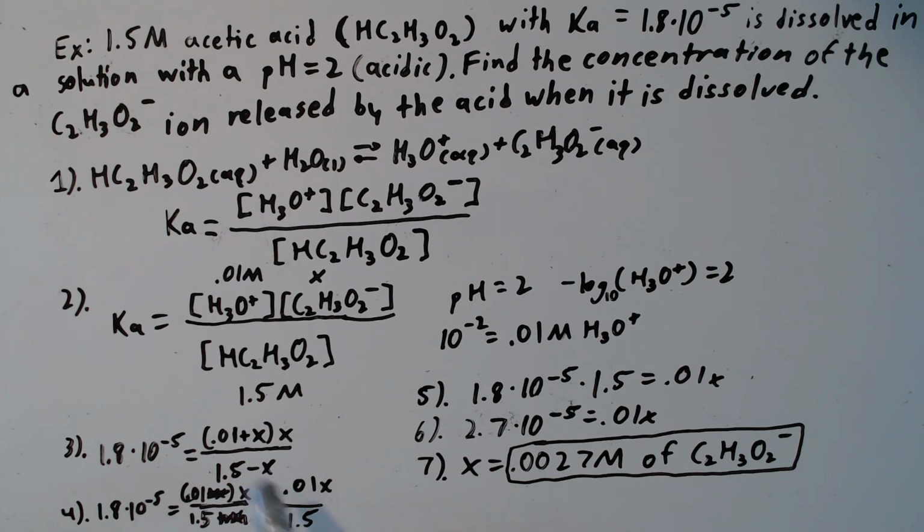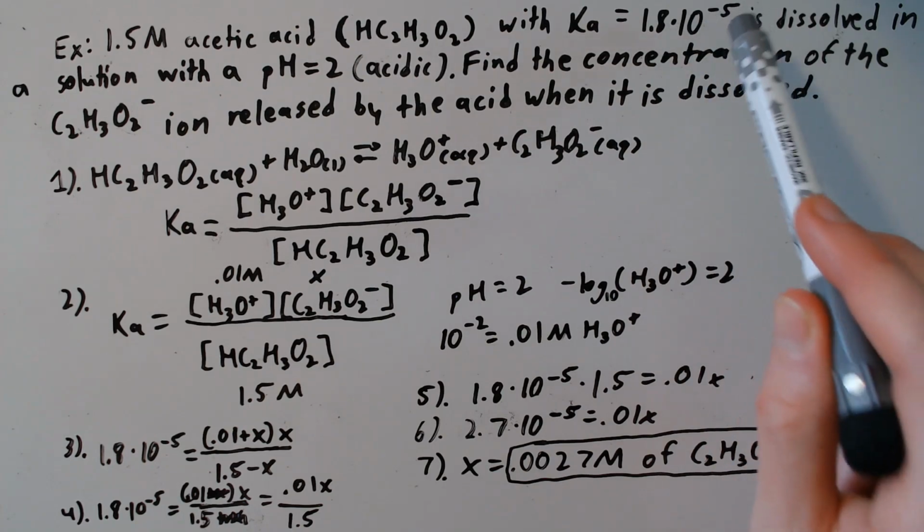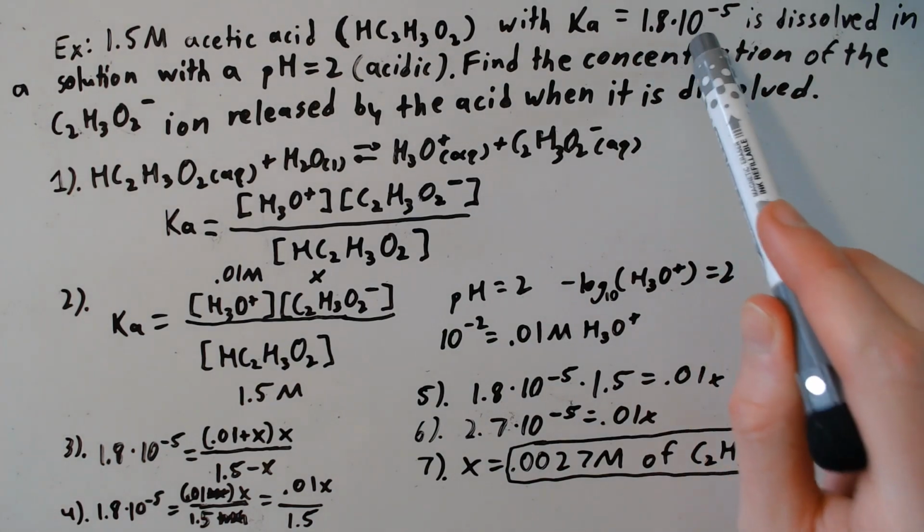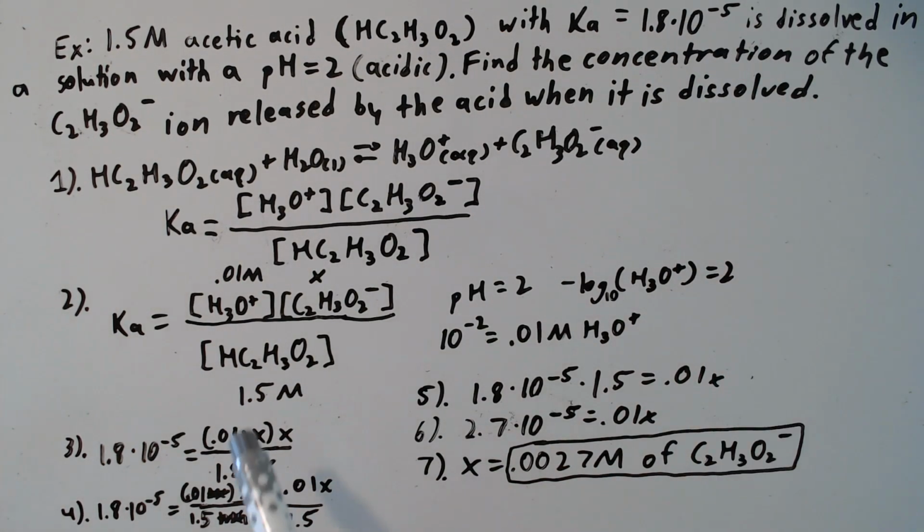Because this x is negligible, because the initial concentration of the acid is so much greater than 1.8 times 10 to the negative fifth that so little of this acid actually dissociates that this minus x, we don't need it. The bottom value essentially stays the same. And we can actually do the small number approximation on the top. Since this initial concentration of H3O+, the 0.01, is definitely more than 100 times greater than 1.8 times 10 to the negative fifth, we can also cross out this plus x, because the amount of H3O+ added here is very small.